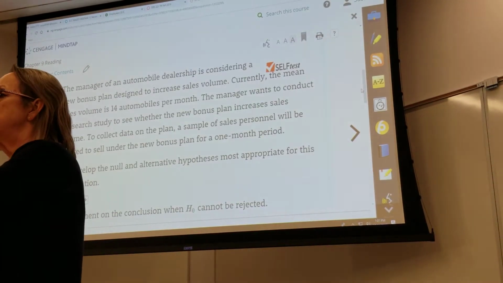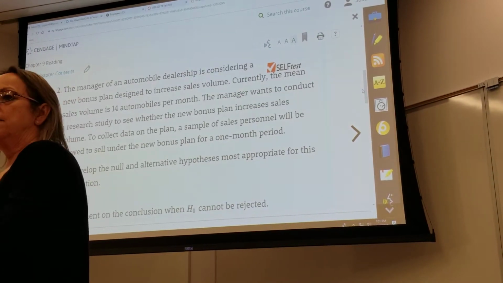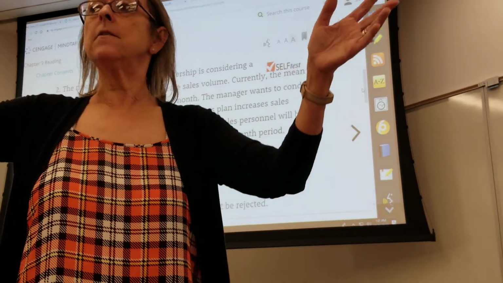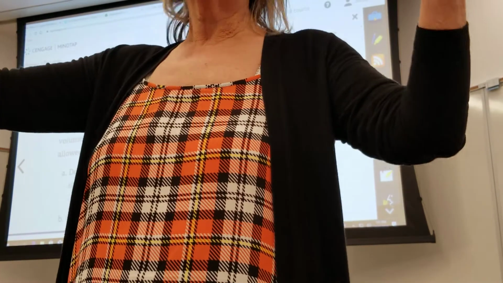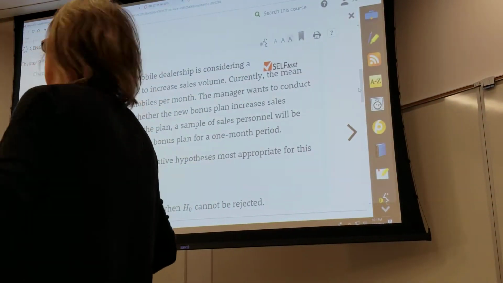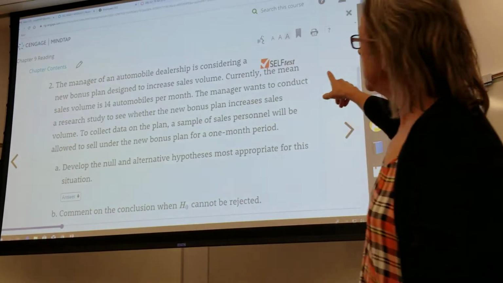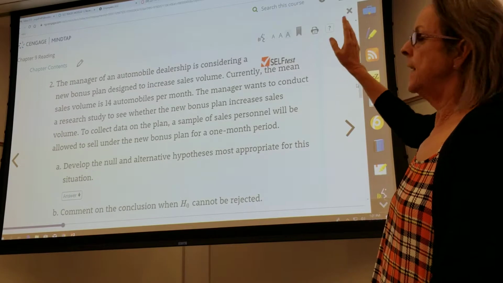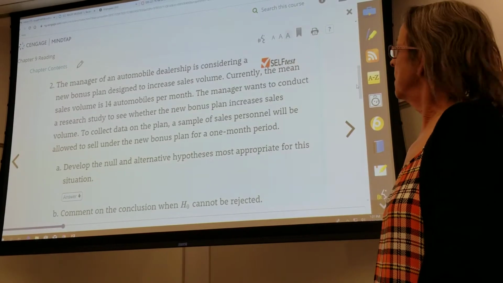And I want to see if we can increase our sales, right? Isn't that what I want to do? You guys are going to stick to your $2,000 and average 14 cars. I'm going to see if this new method will make my sales go up, because the manager wants to conduct a research study to see if the new bonus plan increases sales volume.